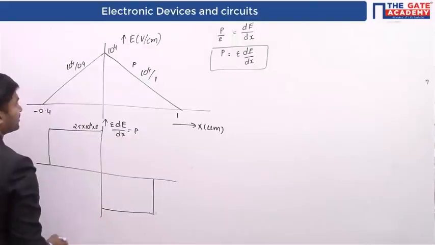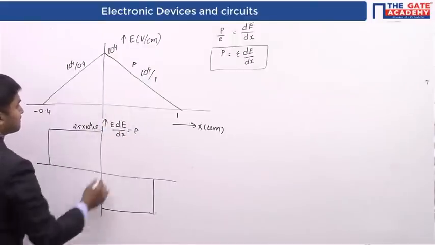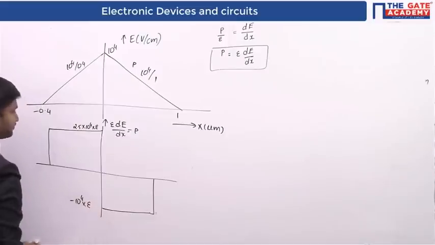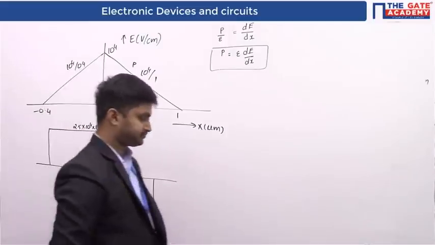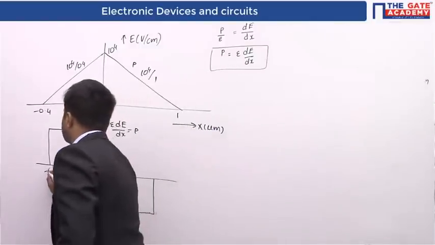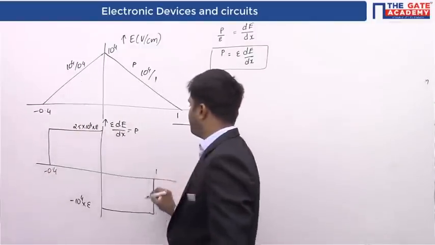Whereas here it's going to be minus 10 power 4 multiplied by epsilon. So this is our charge density profile, which is starting from minus 0.4 to the value of 1.